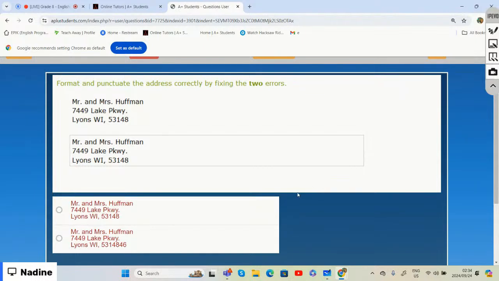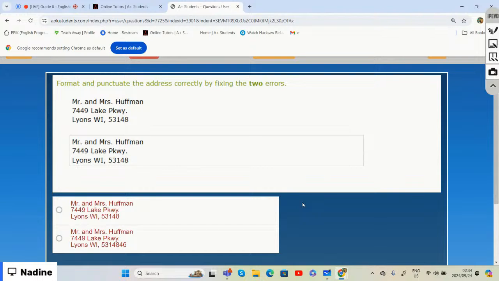We need to format and punctuate the address correctly by fixing two errors. Mr. and Mrs. Huffman, 7449 Lake PKWY. Lions, WI 53148. Which one?